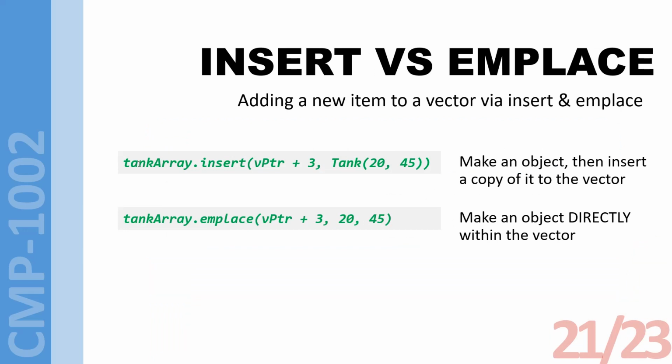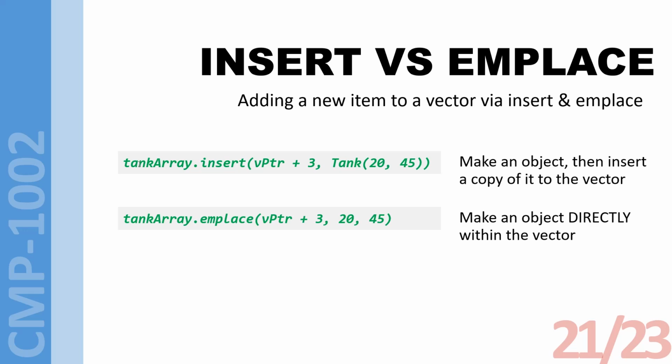Okay, last couple of things. I can still use the insert function with the objects, but if I try to use the insert function, it will work exactly like push_back. It's going to make a temporary object somewhere and then copy it inside the vector. Instead, I also have this emplace function, which directly makes an object within the vector.